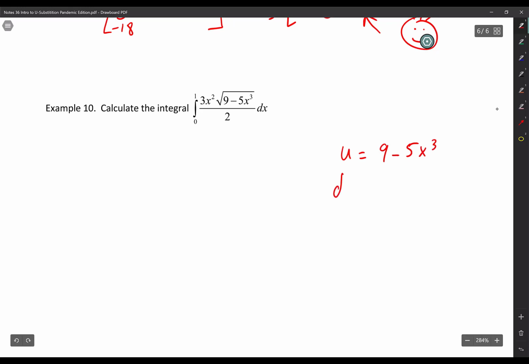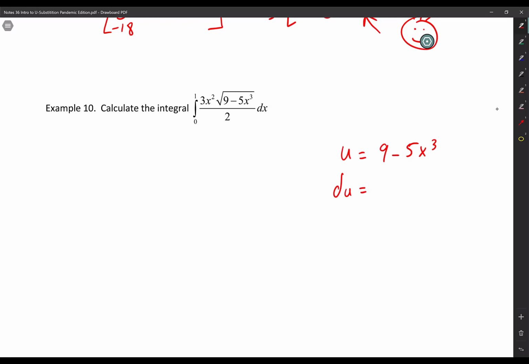Why? Because when you do the derivative, it becomes negative 15x to the... Oh, wait, no. No, you're right. When you take the derivative, you're going to have negative 15x squared.